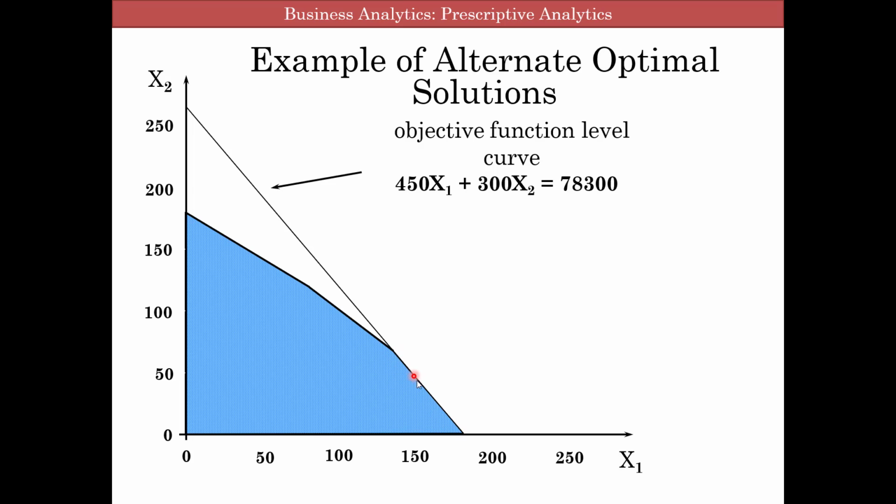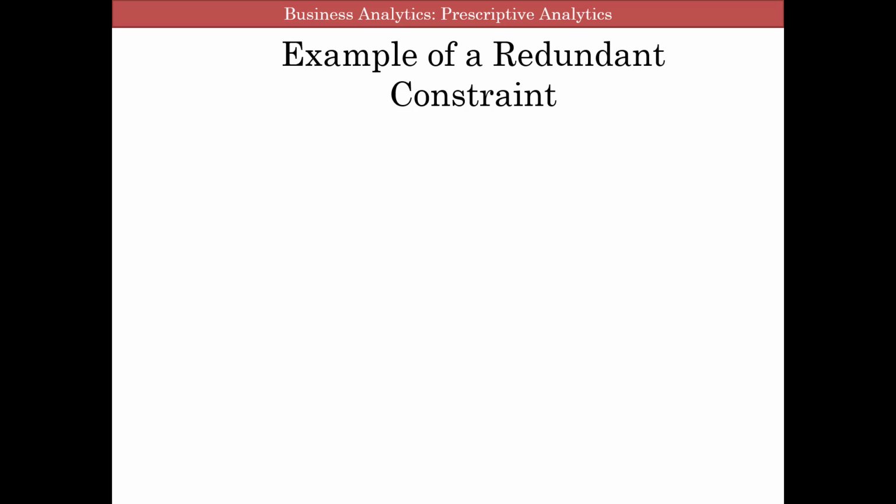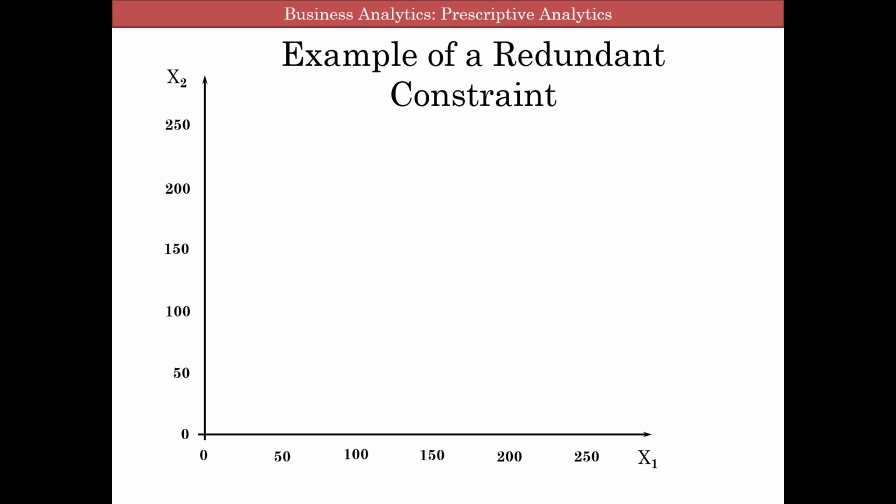Anywhere on this curve, it's optimal. So you can actually get the same answer with different combinations of x1 and x2. Now, this is actually a good thing because it gives you options of producing different amounts of aqua spas and hydroluxes.